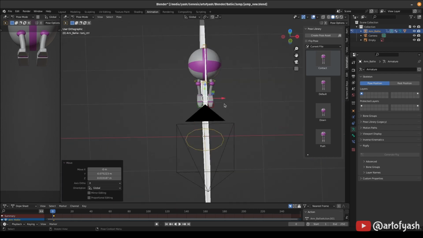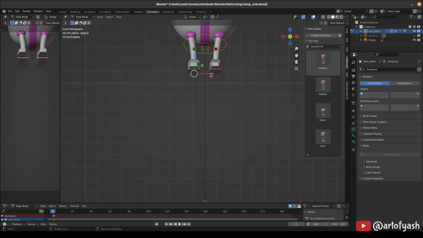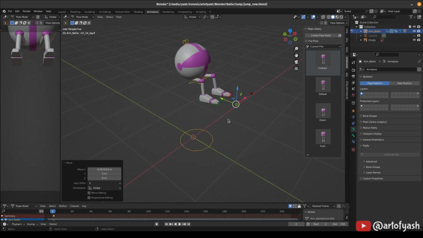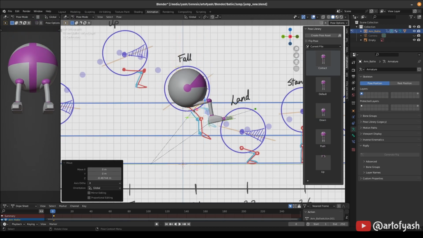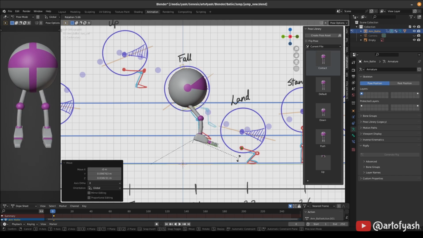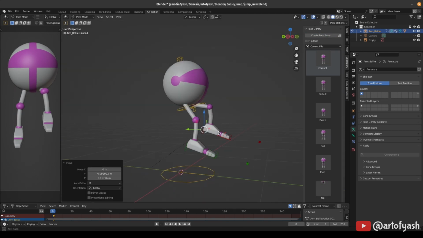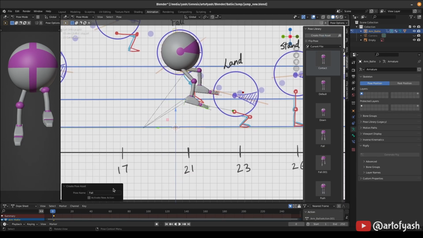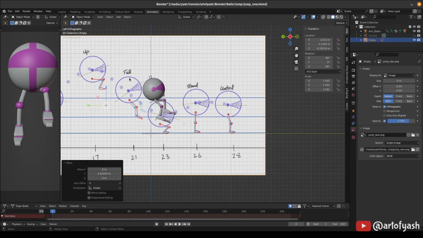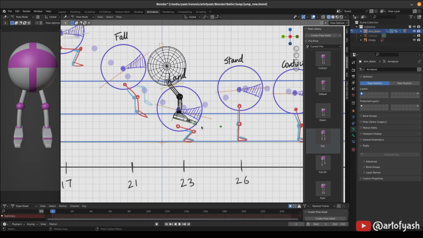You can add a bit of stretch to the push pose. The next 3 poses are in downward motion, and the last 2 poses are rebalancing the character. For the fall pose, instead of having both the feet in the same place, you can place one of the legs higher than the other.